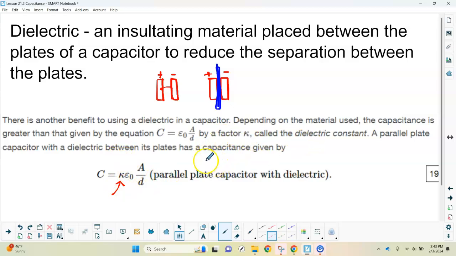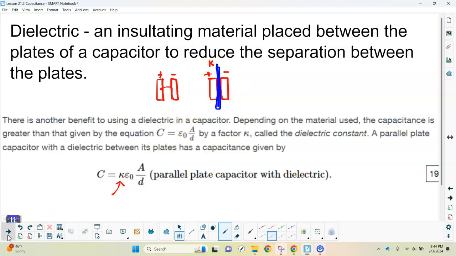So that's just a number that would be given in a problem, or you'd be solving for it. Like you compare the capacitor, if there was no dielectric, to what it was, and what the capacitance was, and you could solve for K. So it's still epsilon naught A over D, it's just now you have this dielectric in there, so that's where that kappa value comes from. So not that big a deal, but it's kind of a real thing that happens.